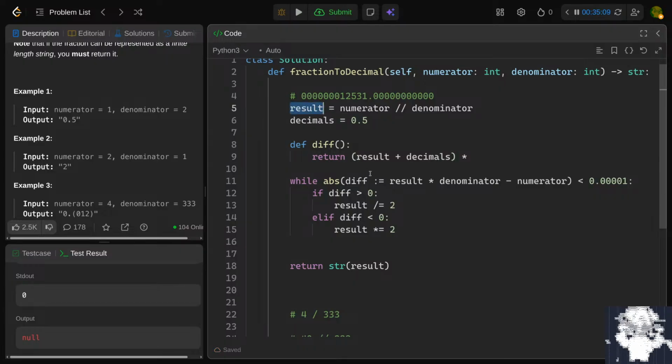What can I call this? This is the side before the decimals. What is the word for that? Is that like divisor? So divisor plus decimals times the denominator.